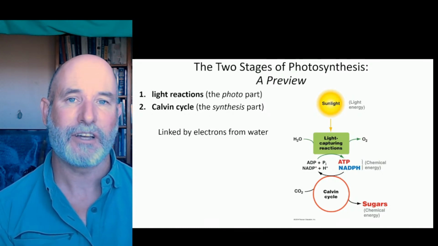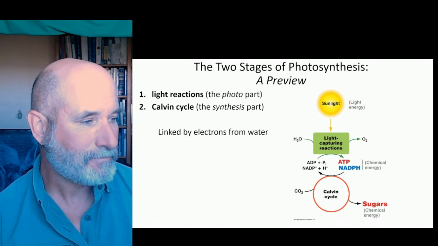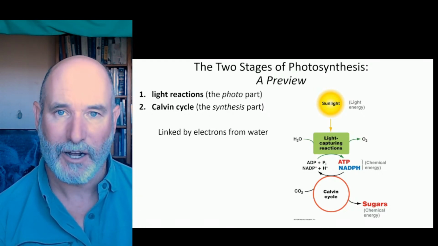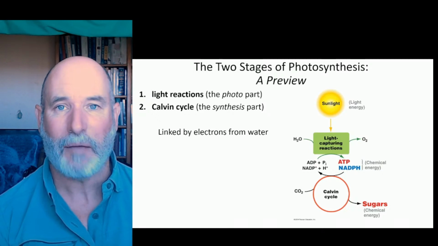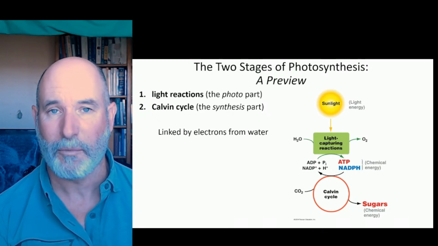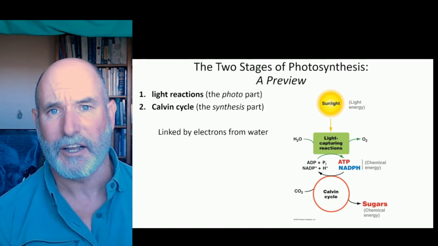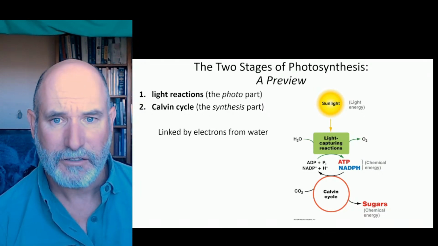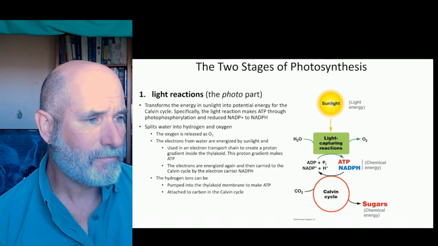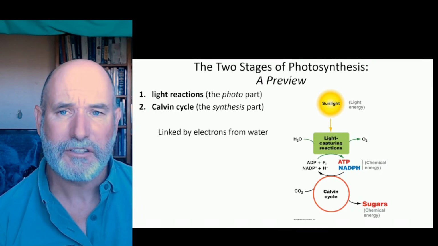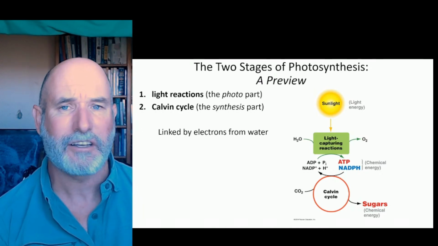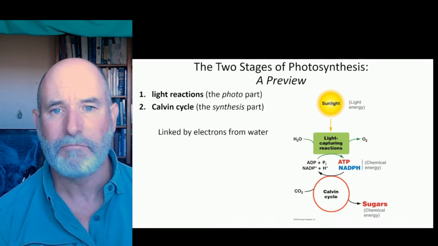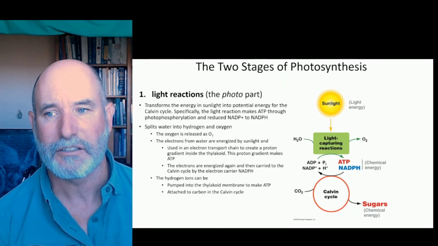And in the Calvin cycle, we can reduce the carbohydrates. So the light reaction is going to capture light energy, transform it to ATP, and give us our source of electrons and the hydrogens there. So, all right. So interesting. Remember this, that the light reaction and the Calvin cycle are linked by this flow of electrons.